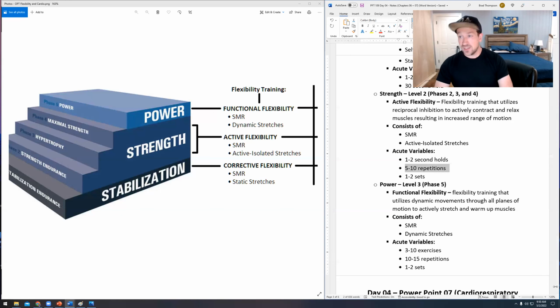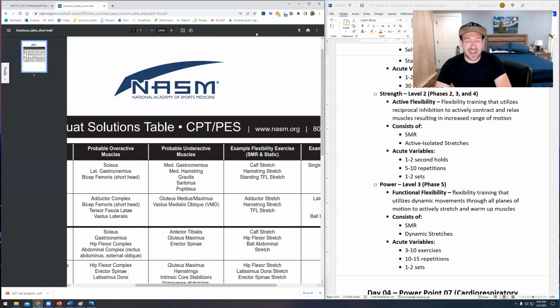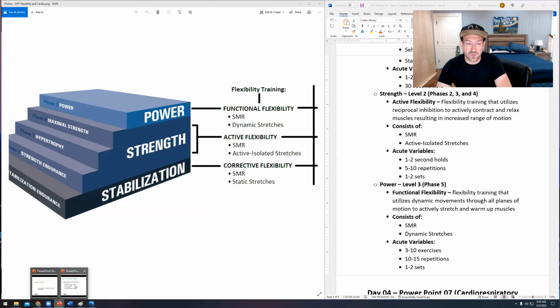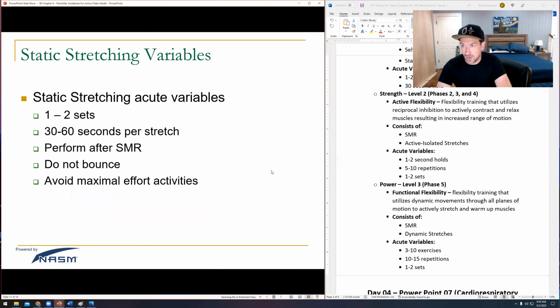Now, this doesn't use autogenic inhibition, right? We're working on that agonist-antagonist relationship here. This instead uses what we call reciprocal inhibition, right? One muscle's reciprocating the other one. I squeeze my bicep to stretch my tricep. I squeeze my tricep to relax my bicep.